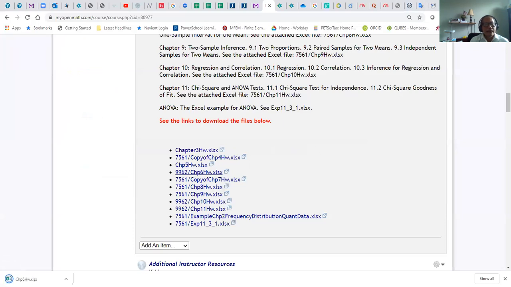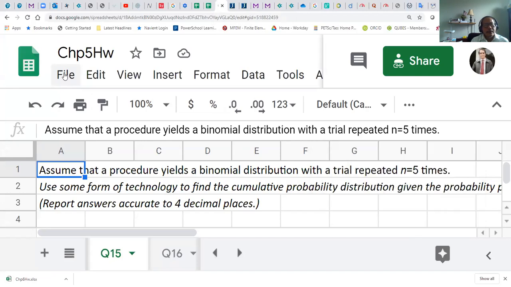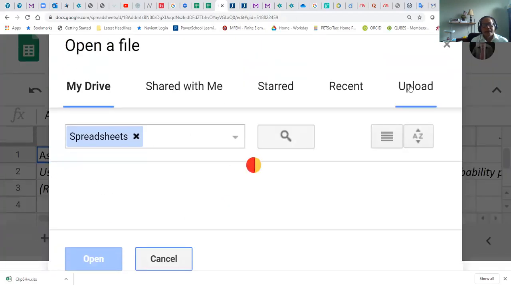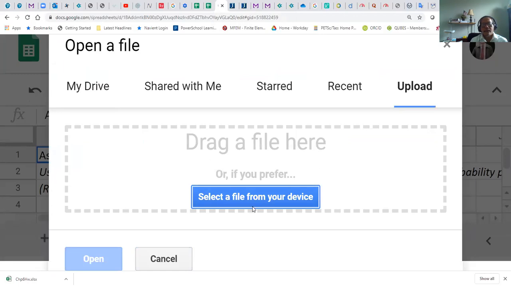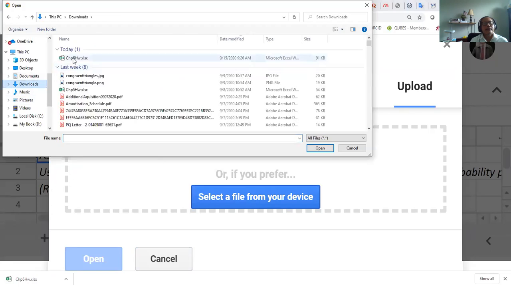Maybe I'll use this Google Sheet so I don't need to change the screen all the time. Let me open, upload, and I save it in the downloads.